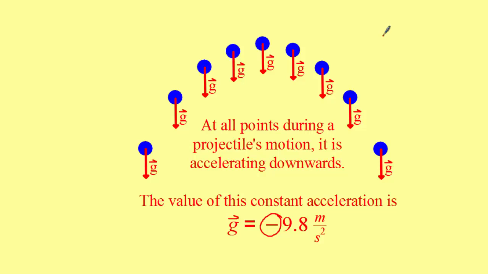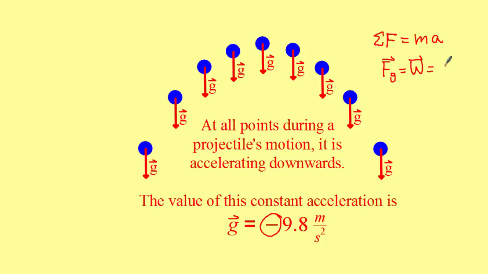So let's think about Newton's second law with this scenario. The sum of the forces equals mass times acceleration. And in this scenario, our only force is the force of gravity, which is the same thing as weight. You probably know this equation better in terms of weight.